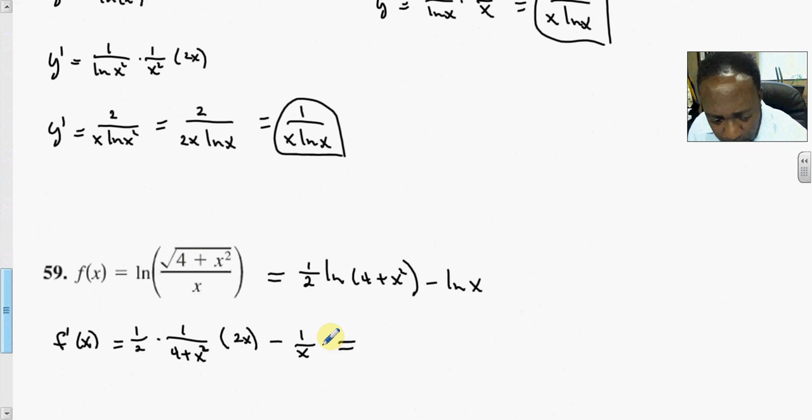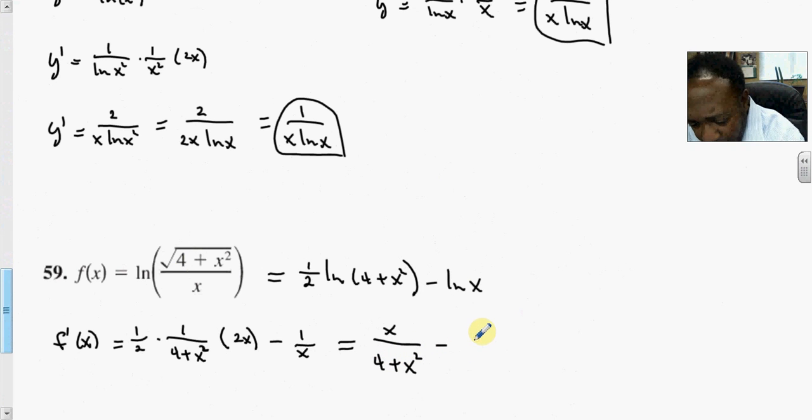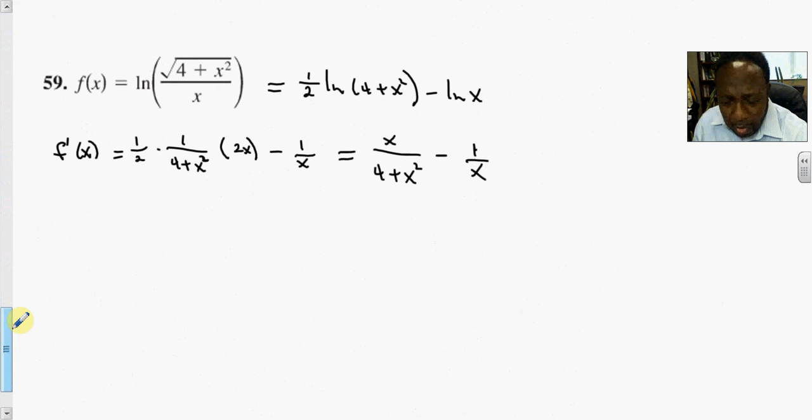So now we do a little cleaning. So the 2's cancel out. We have here x over 4 plus x squared. This is minus 1 over x. So we do a little algebra, do a little Holy Ghost dance. Anyway, so our least common denominator is x times 4 plus x squared.